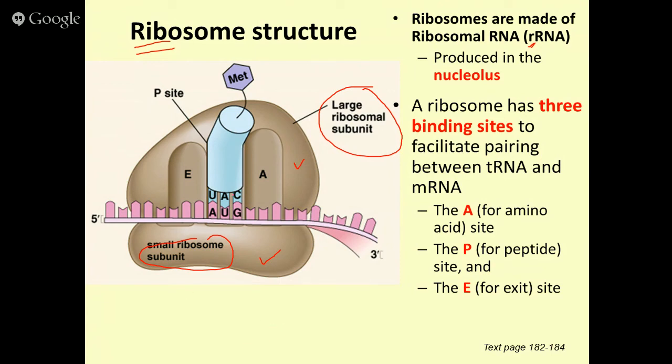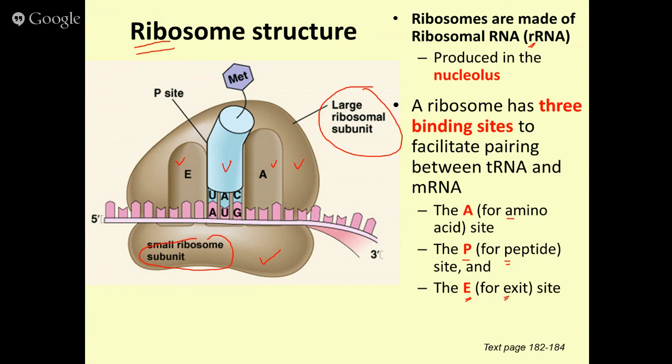And you can see that the ribosome has 3 sites inside the large subunit. There's an A site, a P site, and an E site. So let's see what these stand for. The A site is where the amino acid comes in. The P site is where the amino acids are stuck together, so it's called the peptide site. And then the E site is the exit.